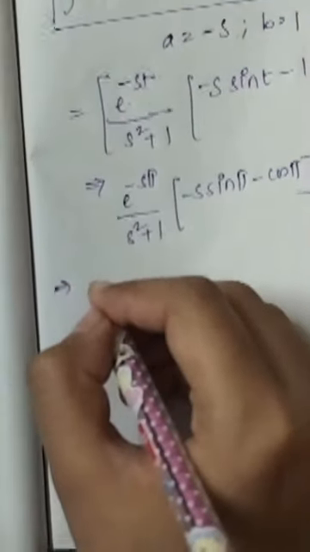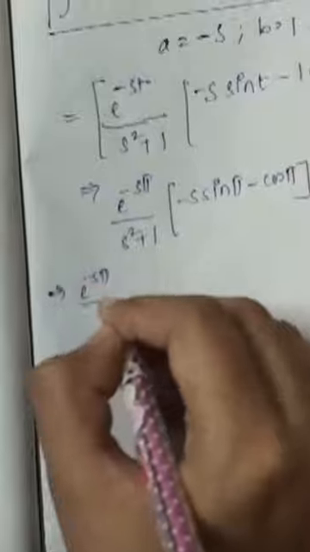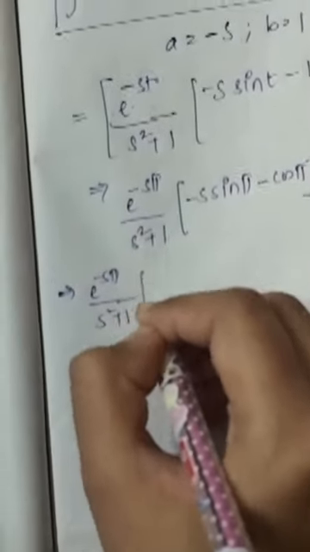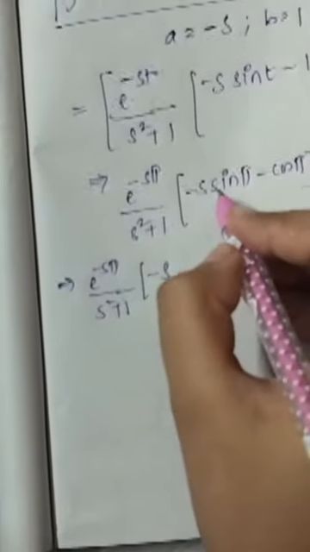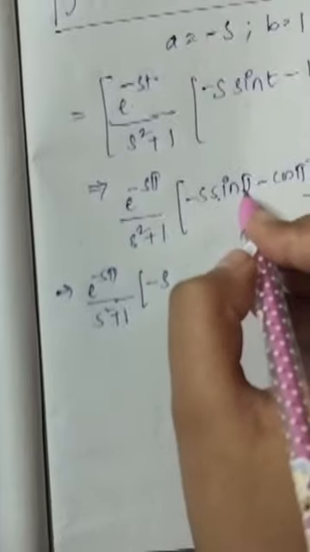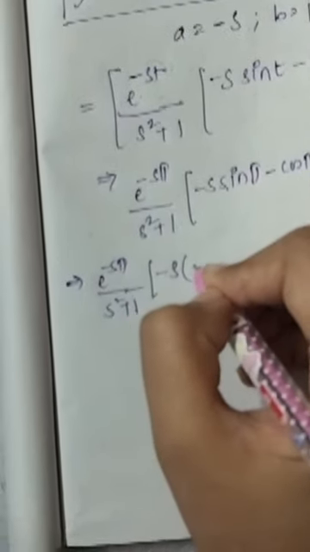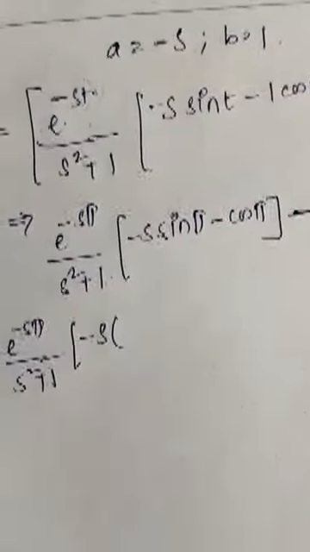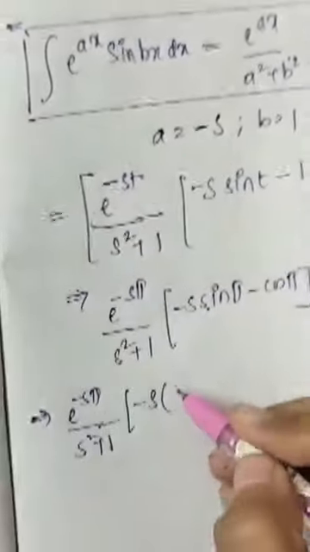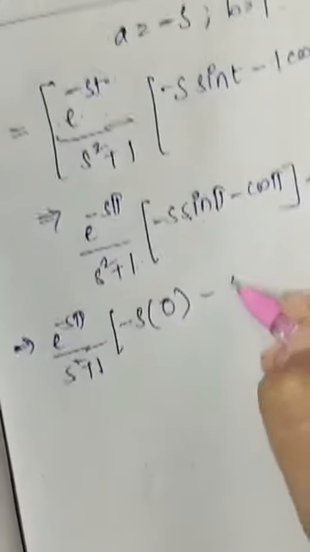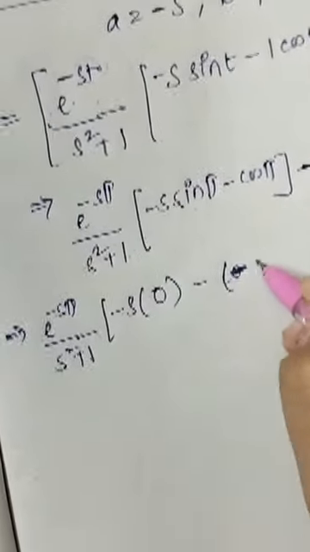Now e power minus s pi by s square plus 1 into minus s, what is sin pi? Sin pi is 0. Cos pi is minus 1.